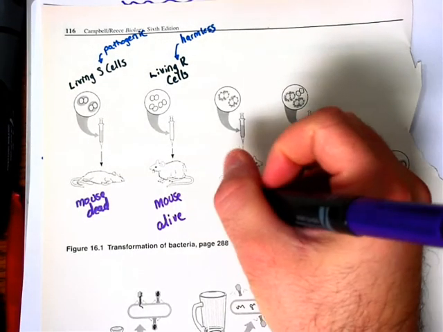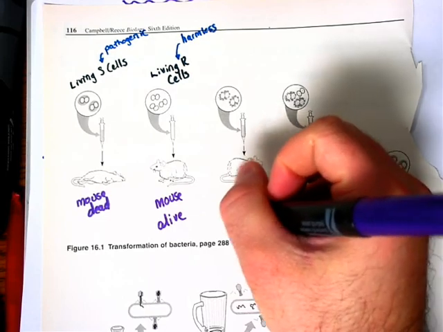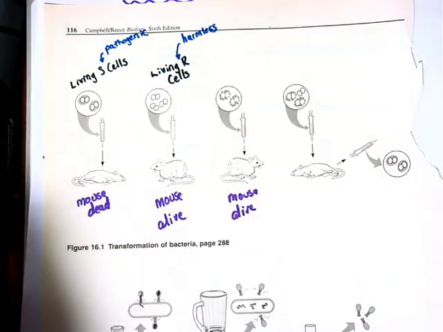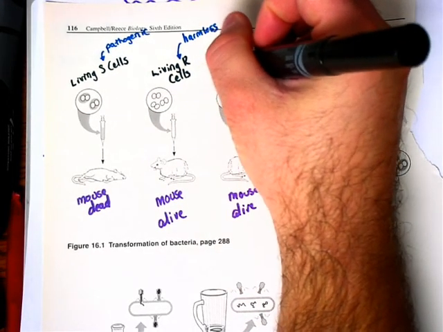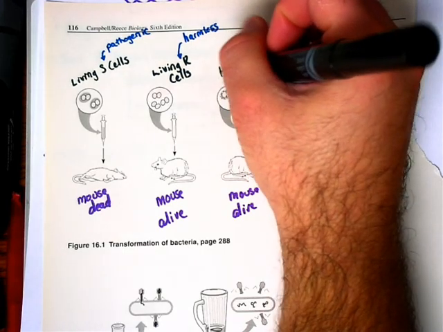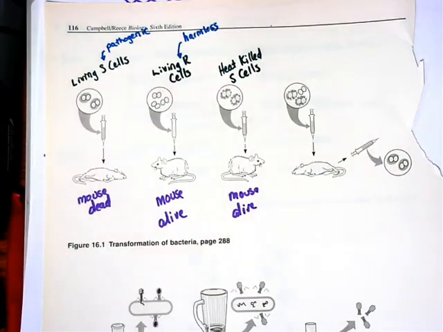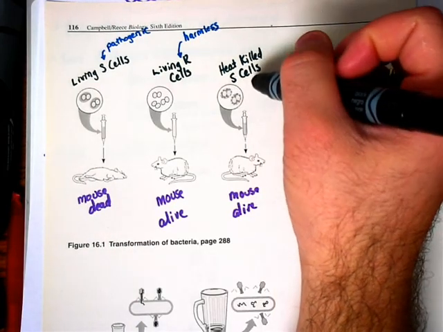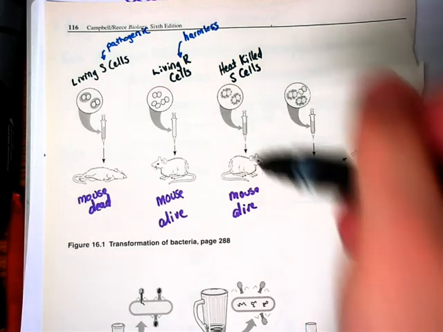Now in this case right here, in which the mouse is still alive, one would think, well, I've got to be giving it R cells for it to still be alive, but actually what he did is he used heat to kill the S bacteria, the S cells. So since the S cells were dead, even if you injected it into the mouse, it was still alive.